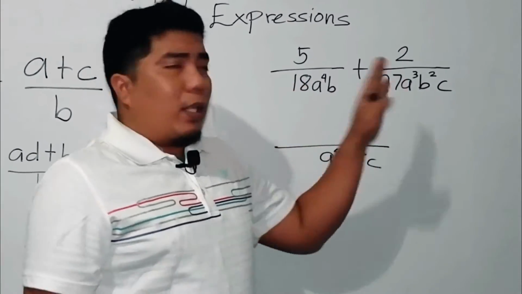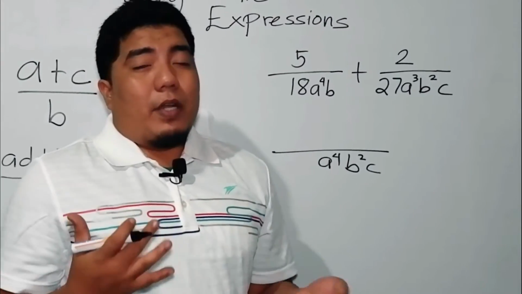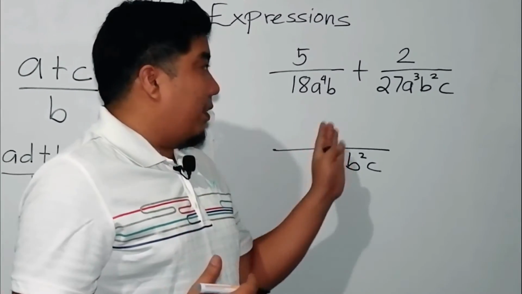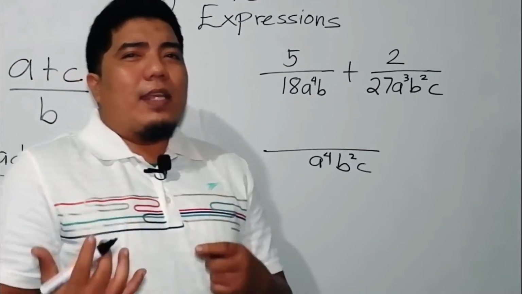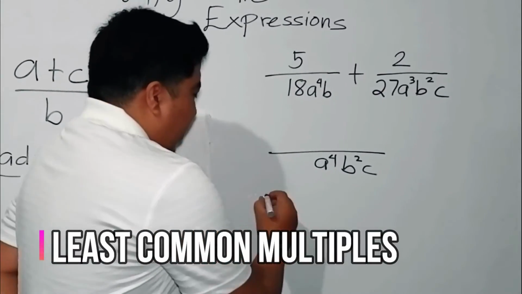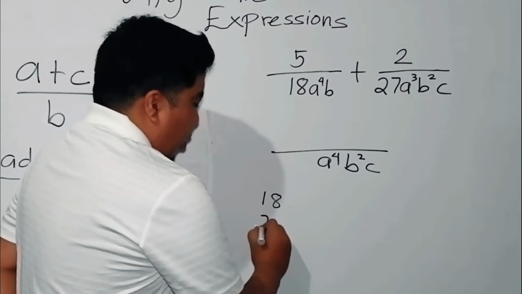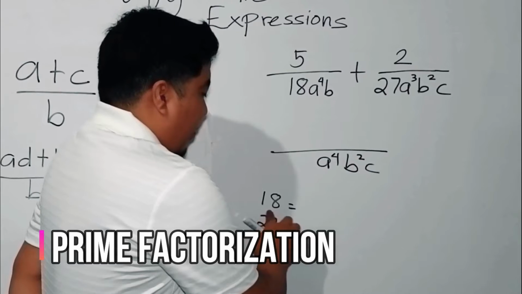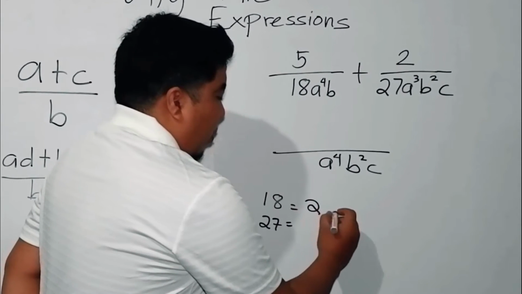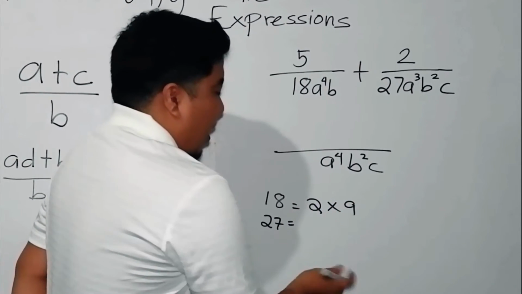Now, let's go to 18 and 27. What is the number in which we find 18 and 27 as factors? You can use the least common multiple. Remember, in the least common multiple, you can consider the prime factorization. The prime factors of 18 are 2 and 9, right?